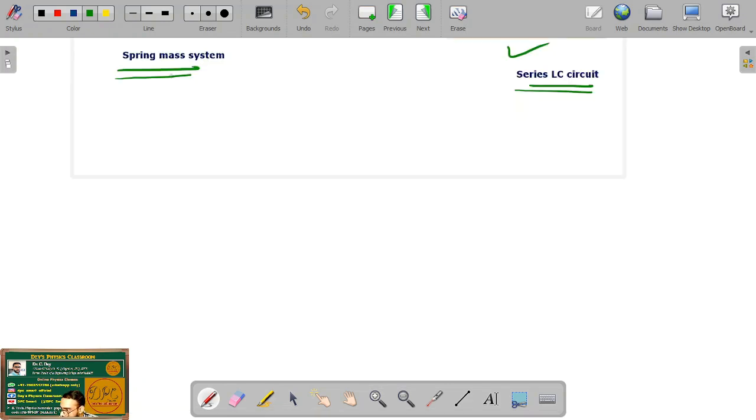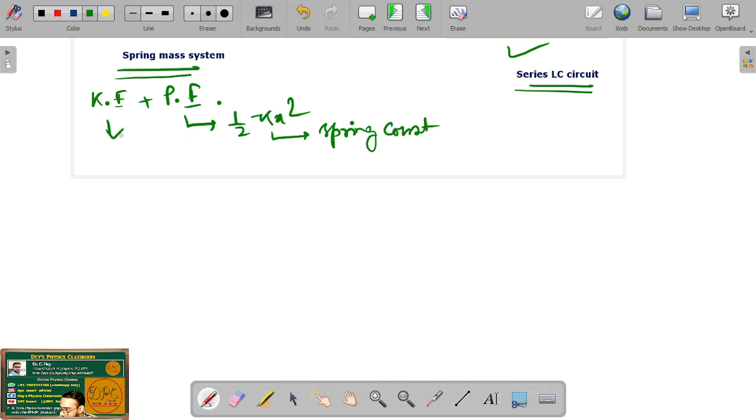Now starting with the spring mass system. For the spring mass system, the mechanical energy contains kinetic energy and potential energy. Now the potential energy of the spring mass system is half kx square, where k is the spring constant, and kinetic energy would be half m into v square, where v is the velocity.